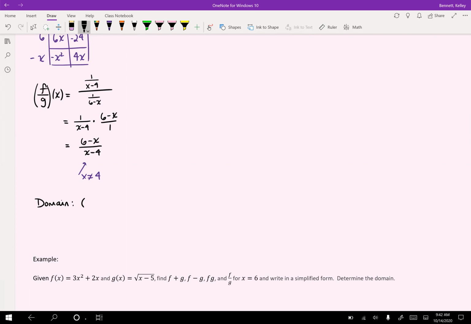So I'm just going to have negative infinity to 4, pop over 4, and then head on out to positive infinity. So I'm going to evaluate now f over g of 3. And I'm going to get, so I'm using this here, my simplified form, 6 minus 3 over 3 minus 4, which gives me 3 over negative 1, which gives me negative 3.